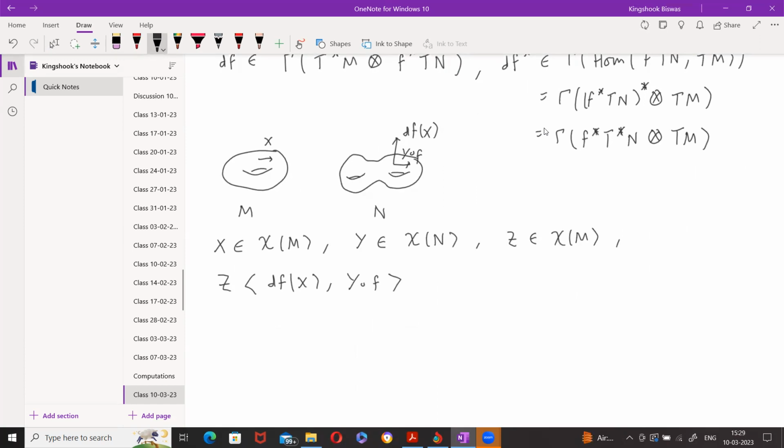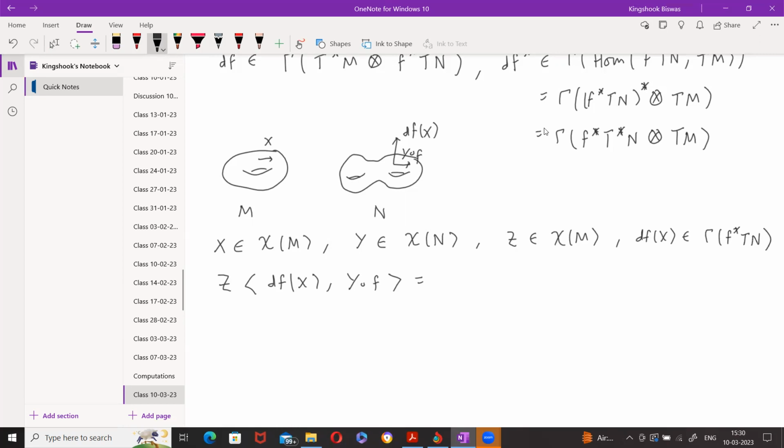By the metric compatibility, this is going to be given by a sum of two inner products. Df X is a section of my f star TN, so Z can act on this.